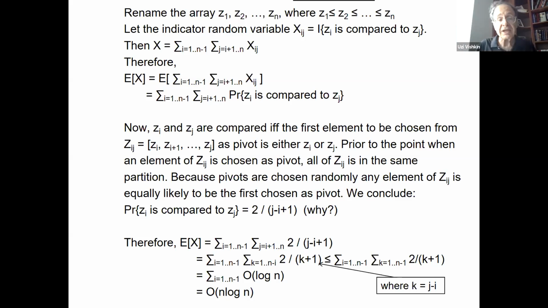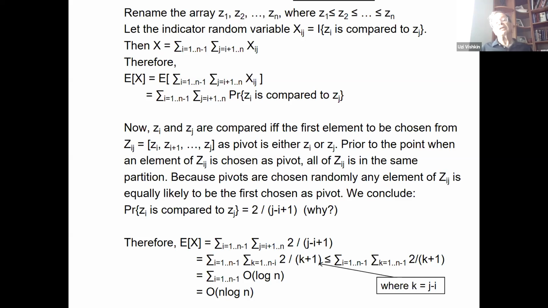And chi is used as an indicator random variable, chi ij, and chi ij will denote a random variable that will mean: is Zi compared to Zj? This will be the question. Is Zi compared to Zj? And the random variable will get the value of 1 if they are compared in a particular run, and 0 if not.